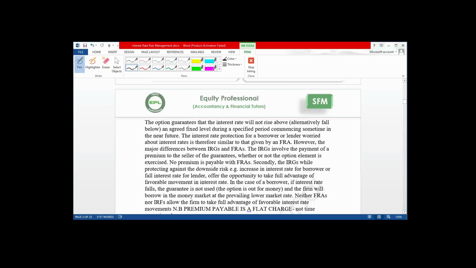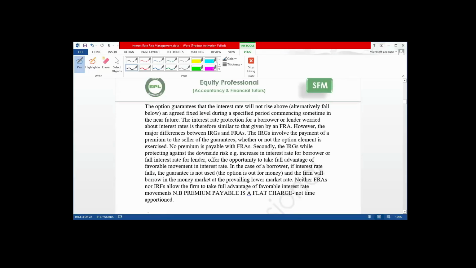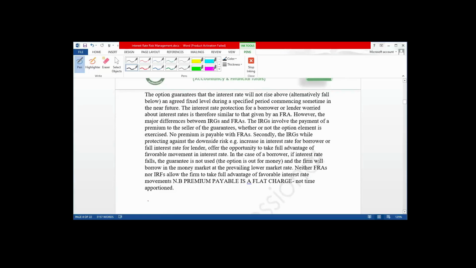This is not possible with FRAs. And please note, premium payable is a flat charge. It's not time prorated.